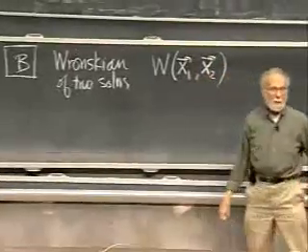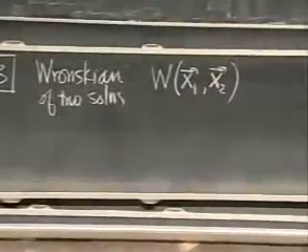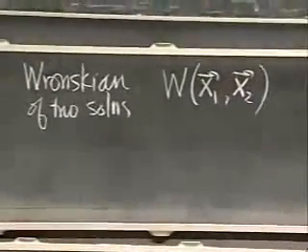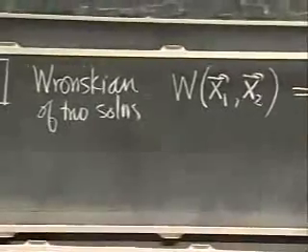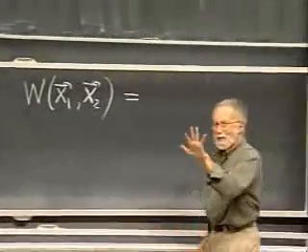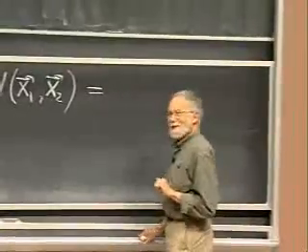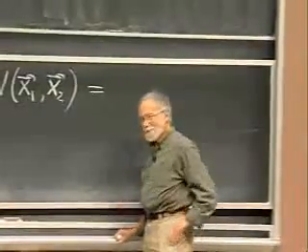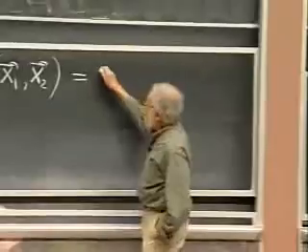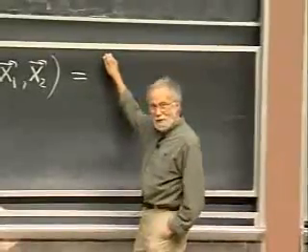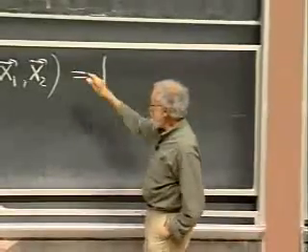They don't, by the way, have to be independent, just two solutions of the system. And what is it? The answer is, hey, didn't we already have a Wronskian? Yeah. Forget about that one for the moment. I'll postpone it for a minute. This is a determinant, just like the old one was.